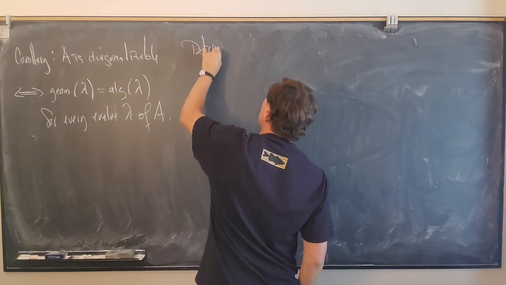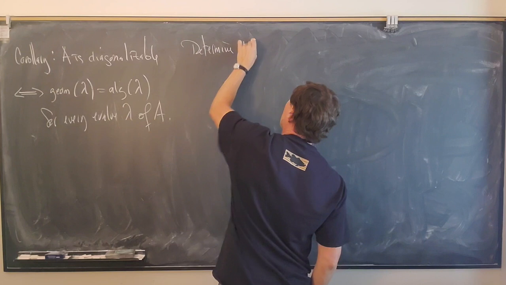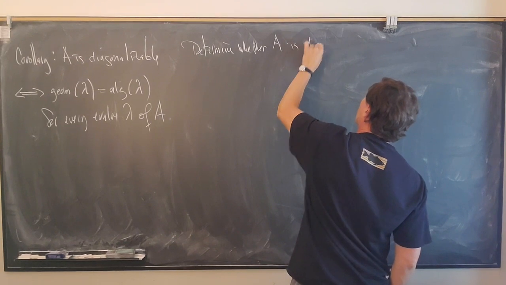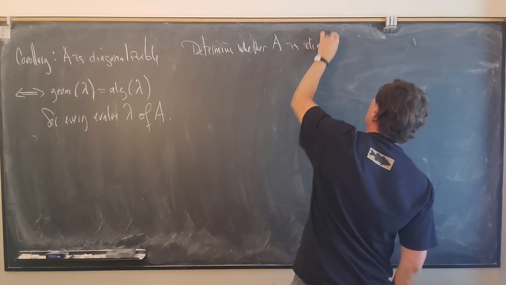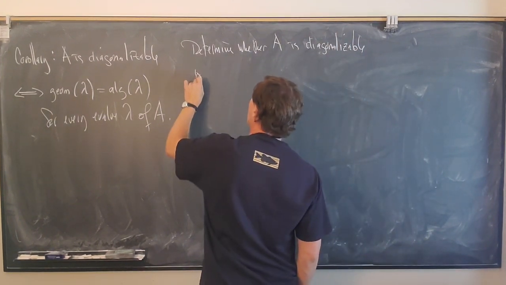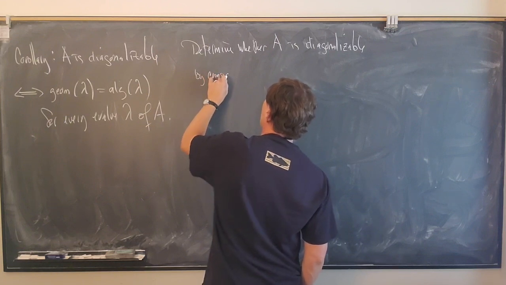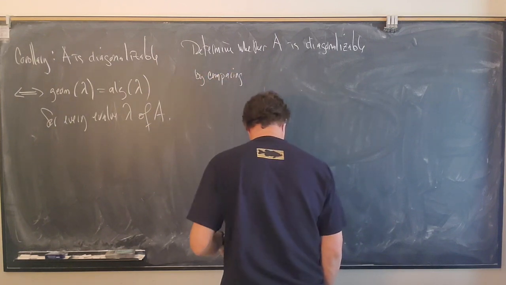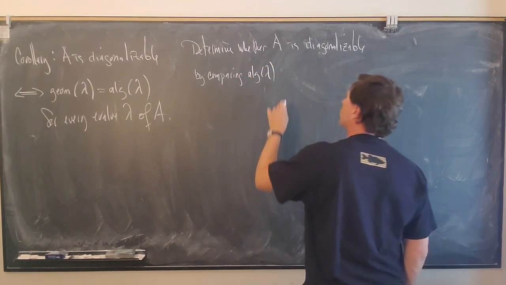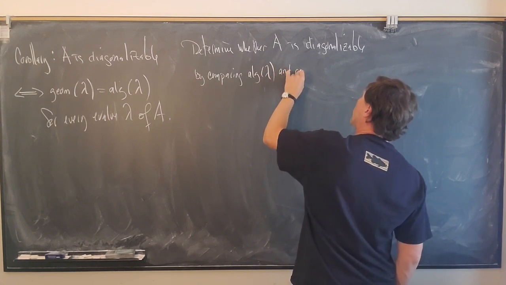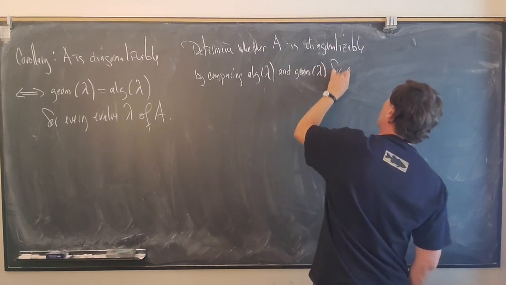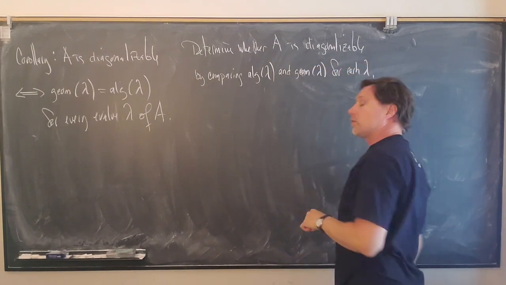Determine whether A is diagonalizable by comparing the algebraic multiplicity of lambda and the geometric multiplicity of lambda for each eigenvalue lambda.